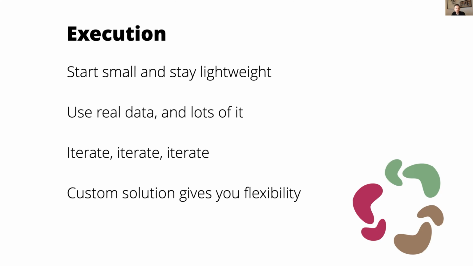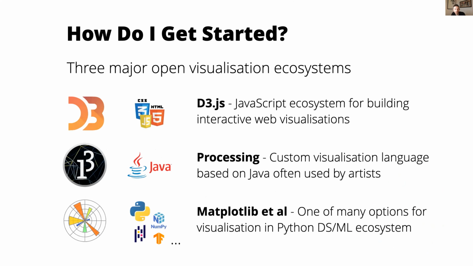And if you're interested in getting started in any of these open data visualization ecosystems, just to summarize what we've looked at in the cases here tonight: D3 and the JavaScript ecosystem for building interactive web visualizations; Processing, which is based on Java but a simplified language customized to data visualization.